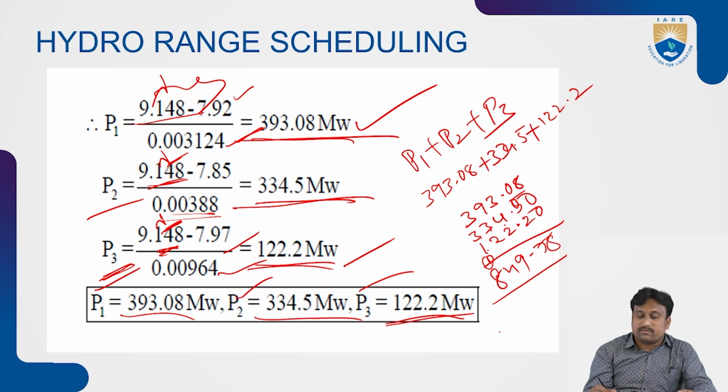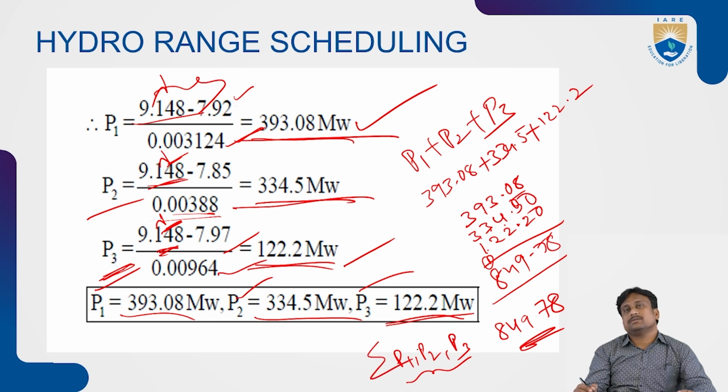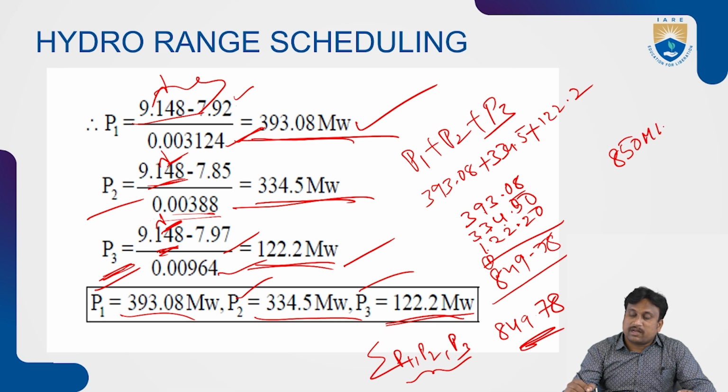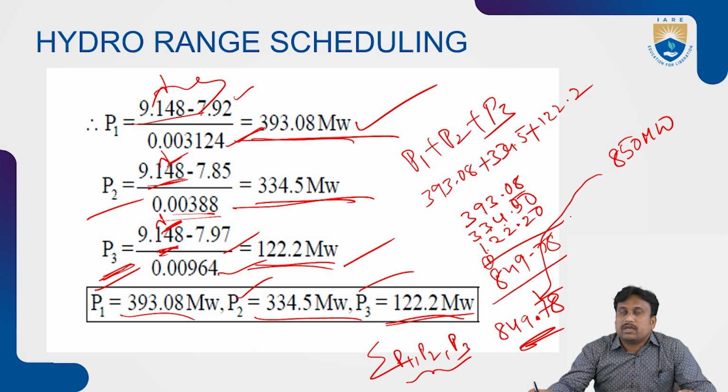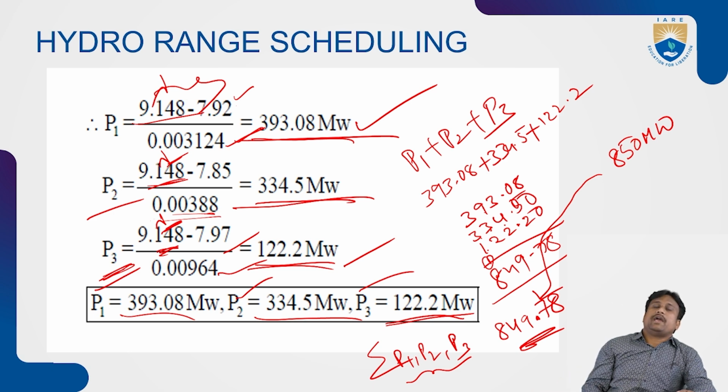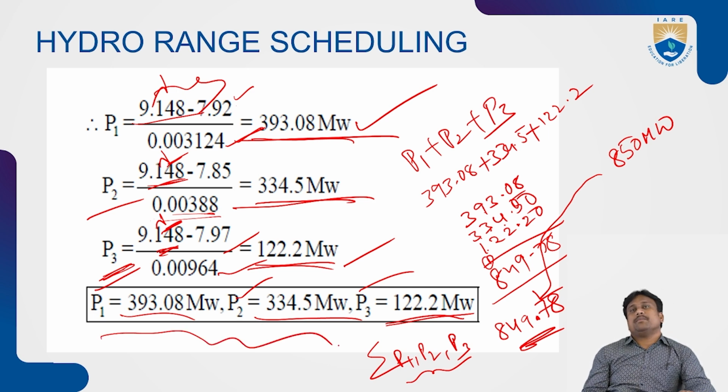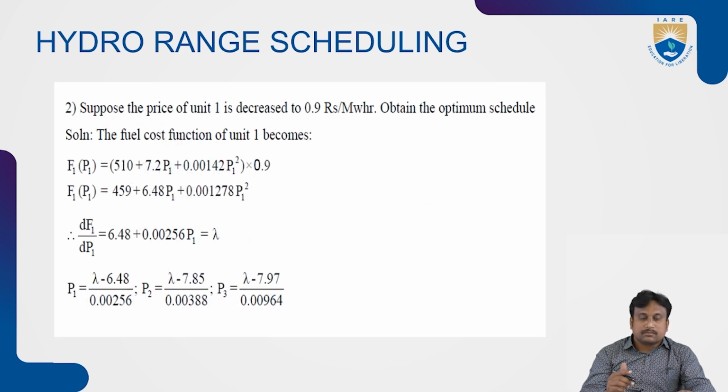This is the resultant we obtained for the P1, P2, P3 combination. It is given with a total of about 850 megawatts, and what we obtained is 849.78, which is nearest to 850 megawatts. Like that we obtain the different combinations, and summing all these P1, P2, P3 combinations, you get the final value of 850 megawatts.